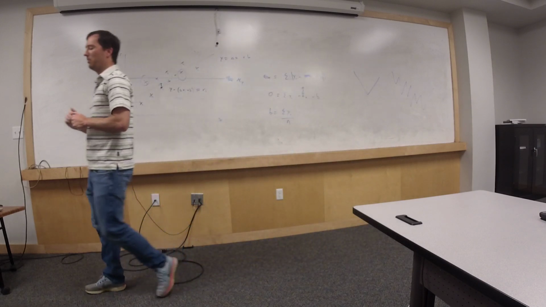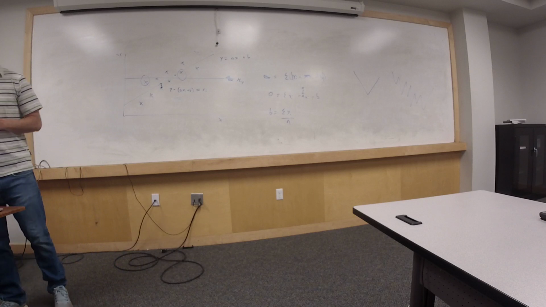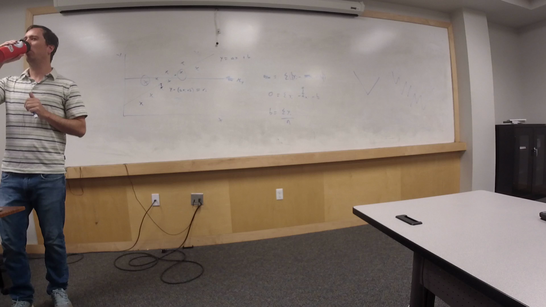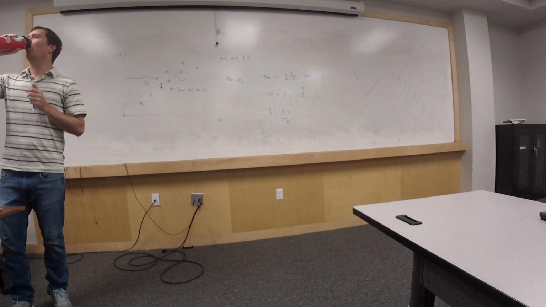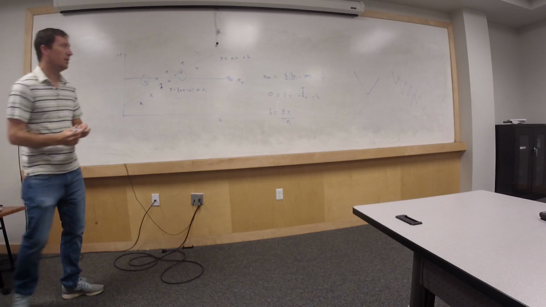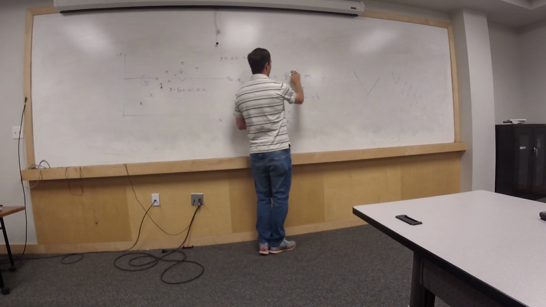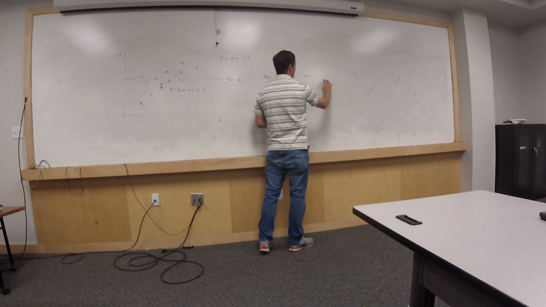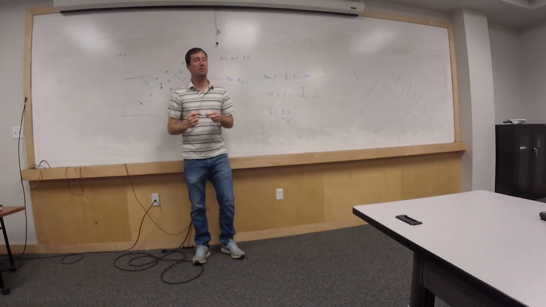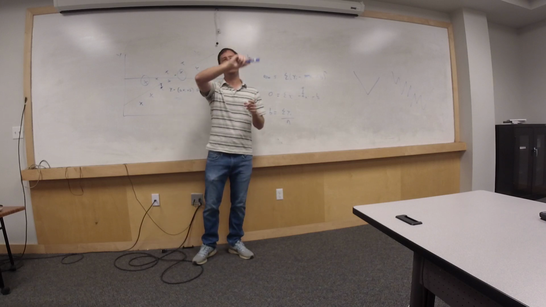We want kind of a smoother version of the absolute value. Any thoughts on how we can get something like absolute value but a little bit smoother? Squared. So instead of taking the absolute value, we square it. Okay. Now we get a nice smooth graph.